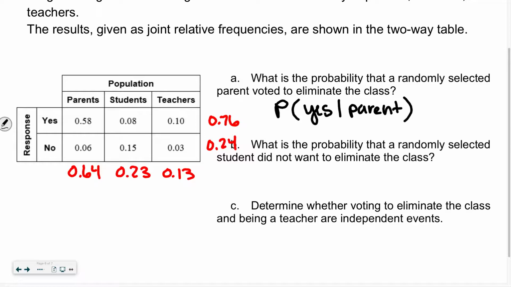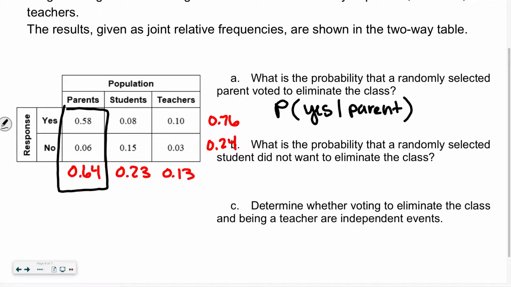If you want the conditional probability, you have to take the probability of both of those things happening and divide it by the probability of A. So here our probability of A would be the probability that it's a parent, and we want our marginal frequency for parents.